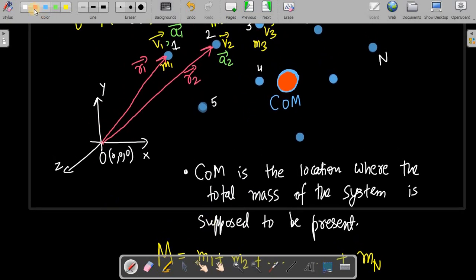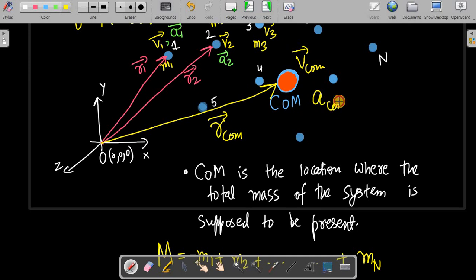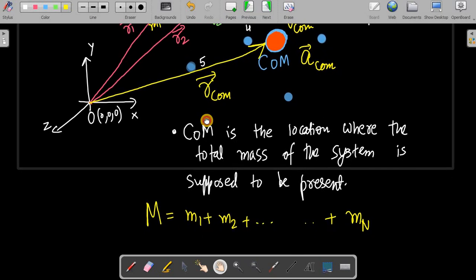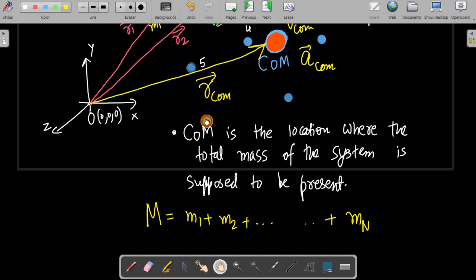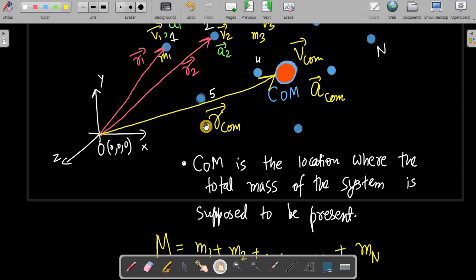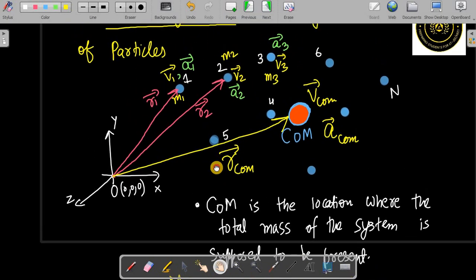It will also have some position vector if you join the origin to it, its own velocity vector, and its own acceleration vector. When studying the entire system, it can be represented by a single particle, the center of mass, and we should know how to calculate its position, velocity, and acceleration vectors.